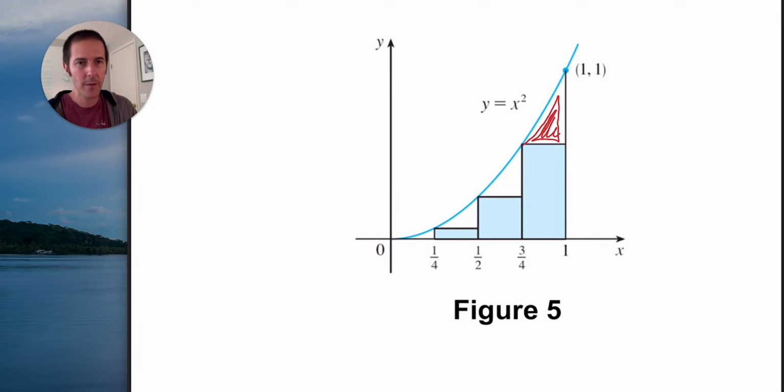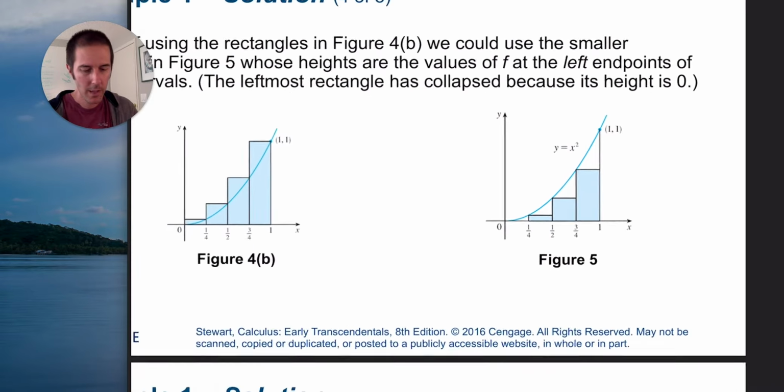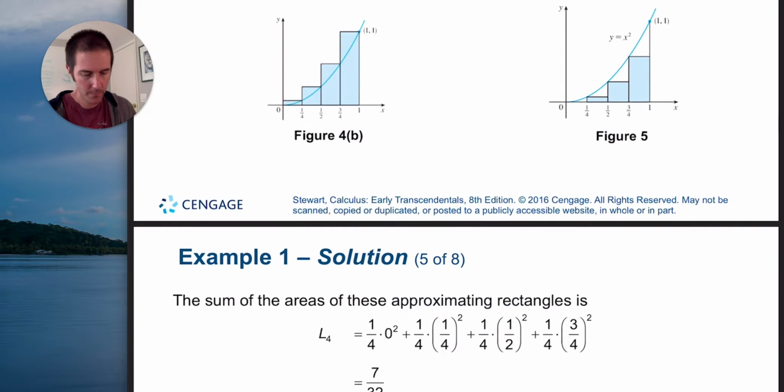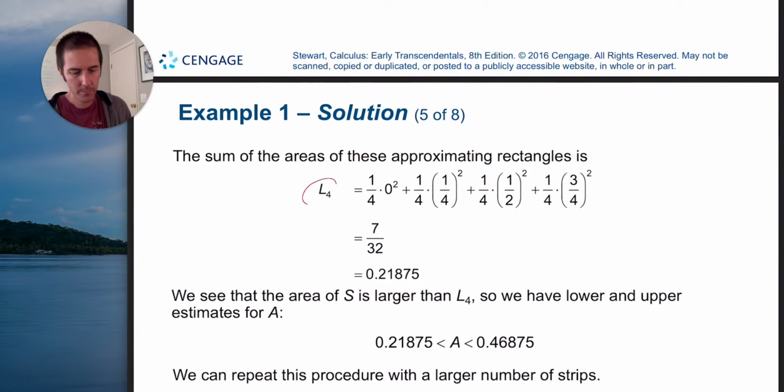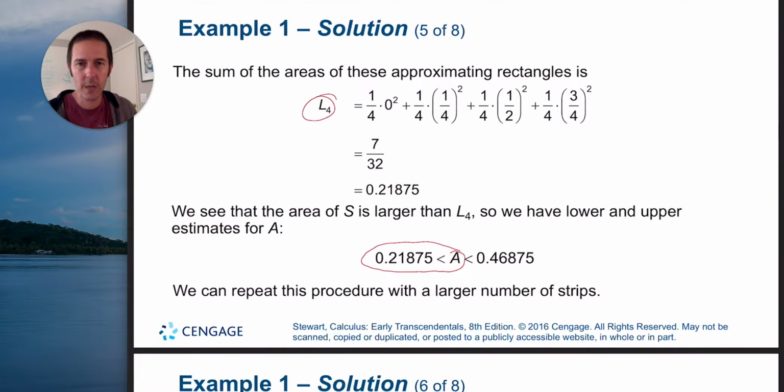So it turns out that L sub 4 is an underestimate, so the area will be greater than that. After doing all the calculations, it turned out that L sub 4 was equal to approximately that decimal. The area under the curve is actually greater than that under approximation, and the area is still less than this over approximation or overestimate.